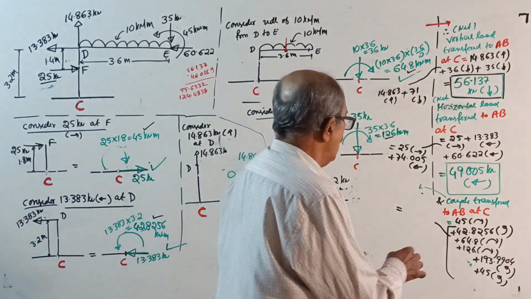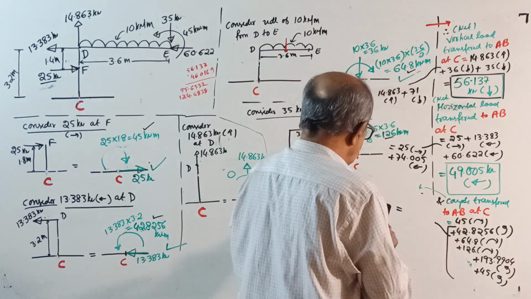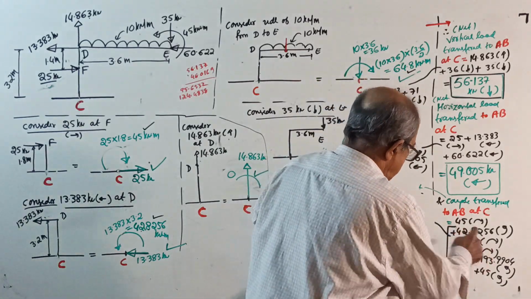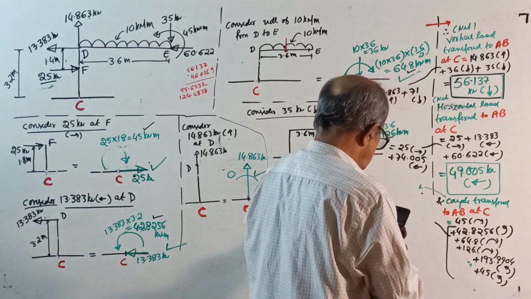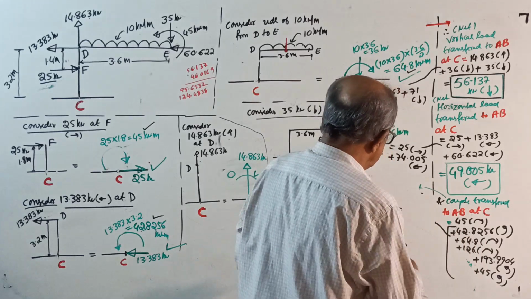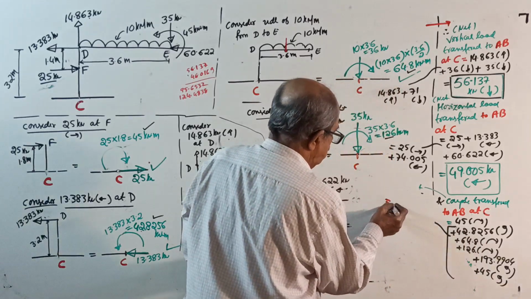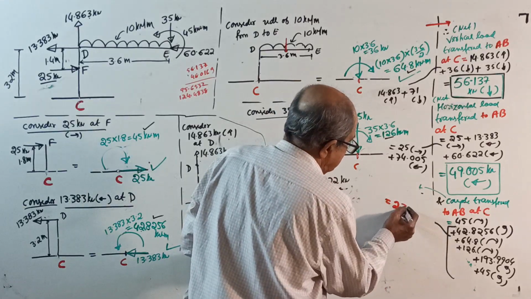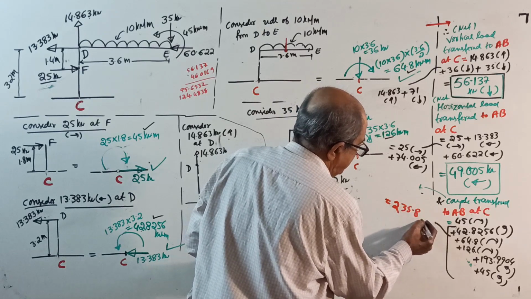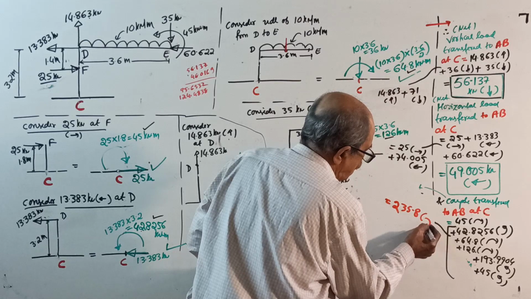then you write equal to. First consider all the clockwise: 45 clockwise, plus 64.8 clockwise and 126 clockwise. All three clockwise together is 235.8 clockwise.